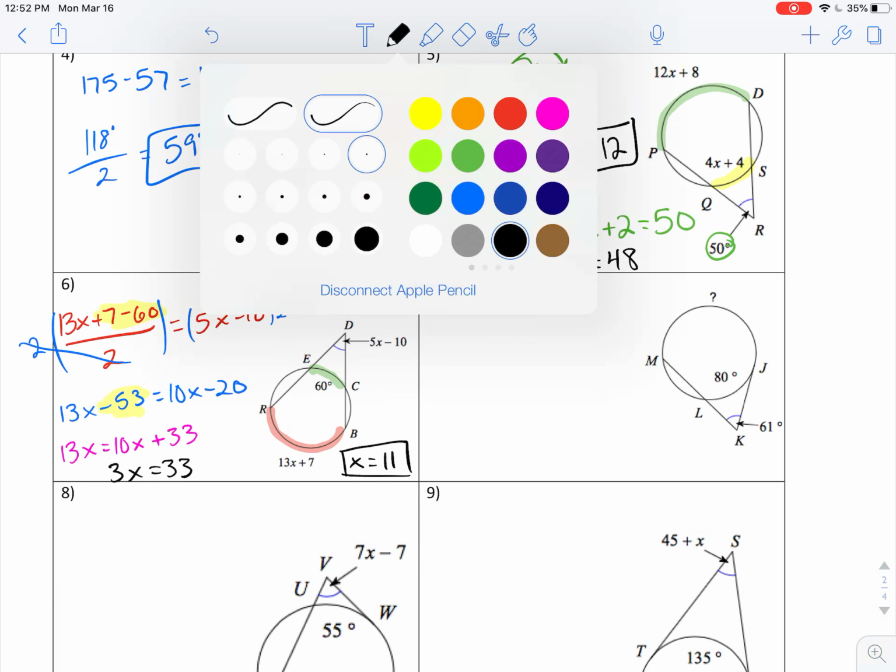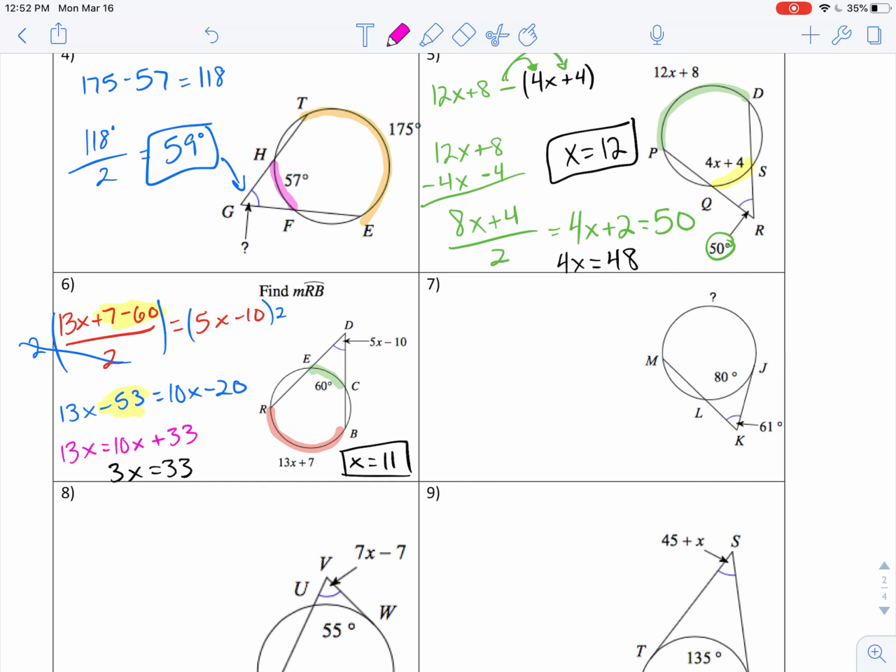All right, so here, this one, again, same process, but what do I do if I've got an unknown? How can I label an unknown and make it x? So x, and this intersection is outside the circle, so x minus 80, and then we divide that by 2, equals 61.